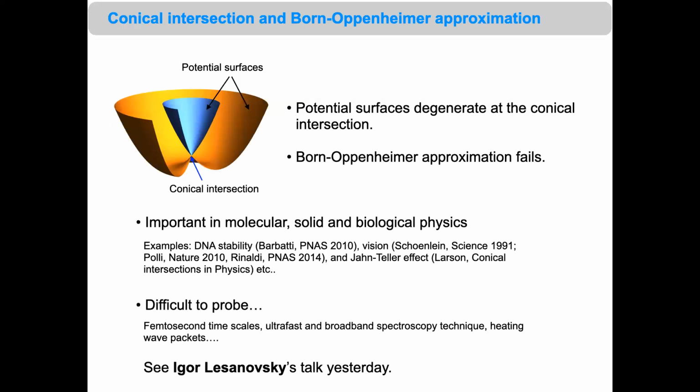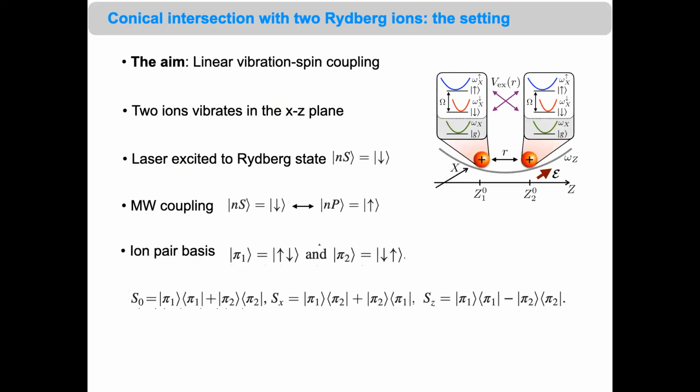Igor yesterday already gave a very nice introduction and motivation for why we are looking at the conical intersection. They are useful, but difficult to probe in real systems. So here we want to engineer such a conical intersection with a pair of trapped ions. In practice, we need some linear vibrational and spin coupling.